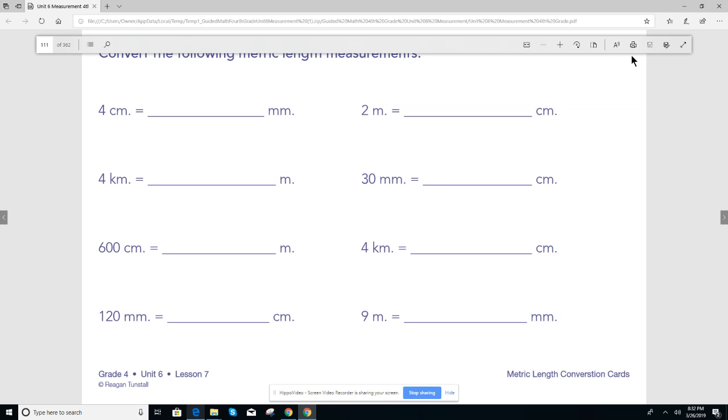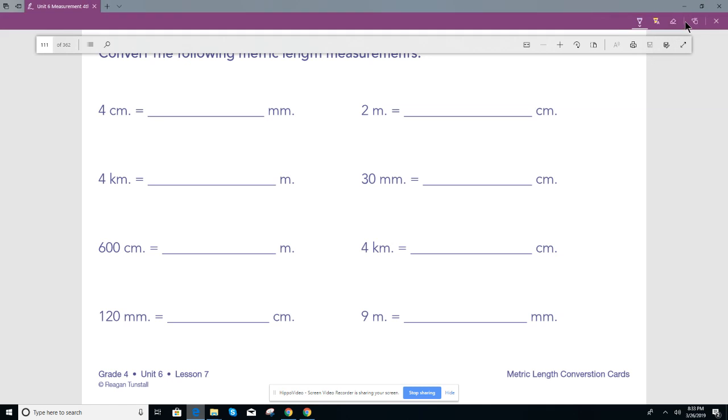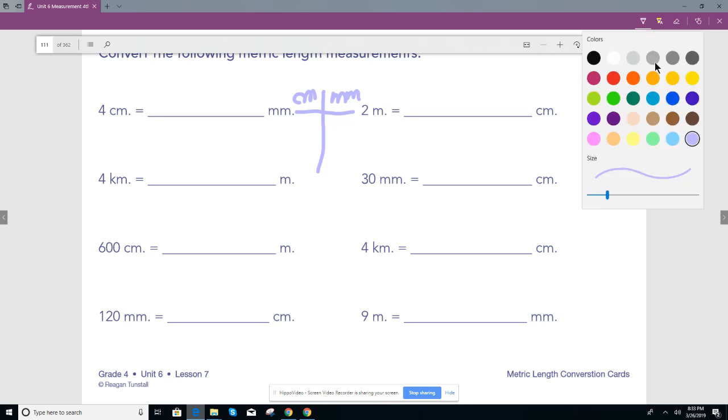So the first one, we are going from centimeters to millimeters. Anytime that they want us to change one thing to another, we have to use a T-chart. Always use a T-chart. It's very important. And in this T-chart, we are using centimeters and millimeters. Okay, so looking at your place value chart, which one is bigger?